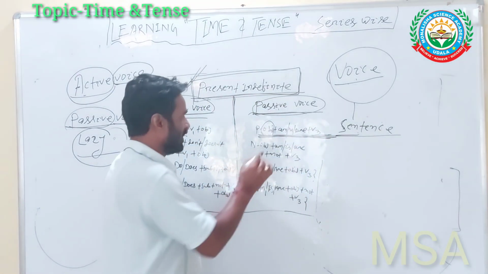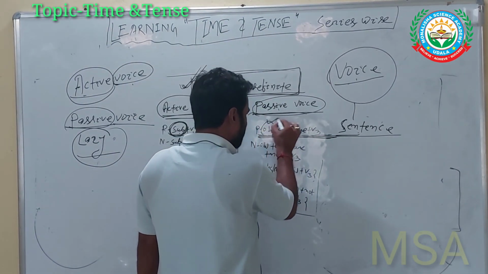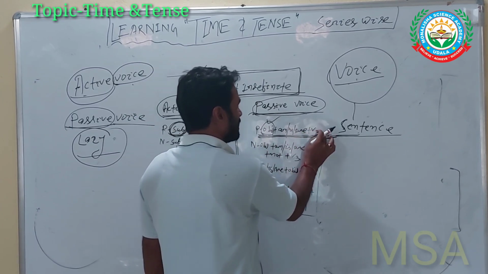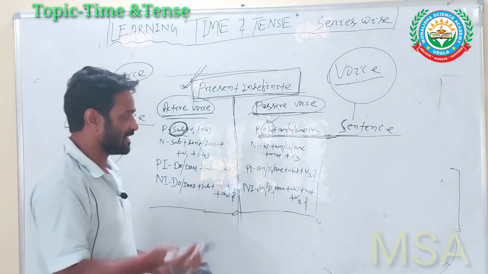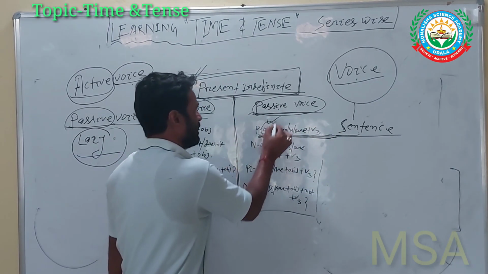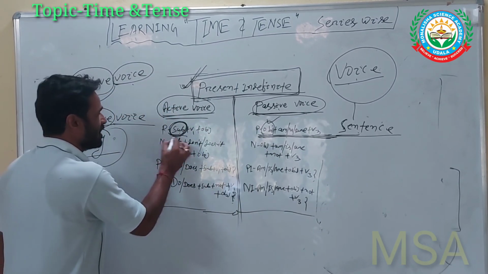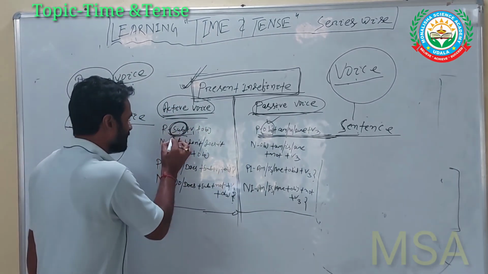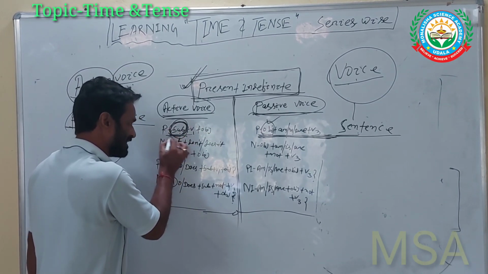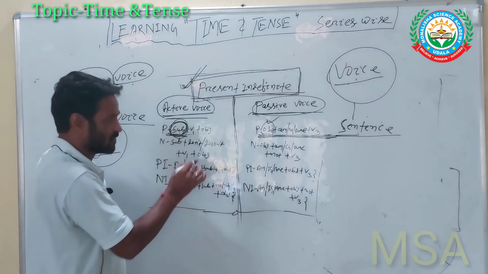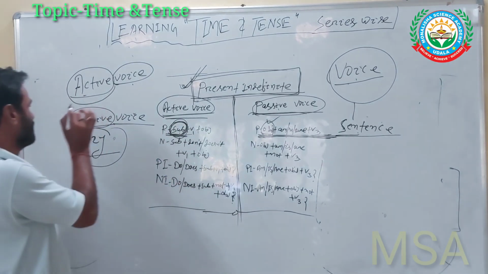No. Only at the beginning of the sentence you see the object, and the subject is missing. The sentence begins with the object in passive voice, and in the active voice the sentence starts with the subject. The subject comes first, so we can say the subject is active, hence it is called active voice.